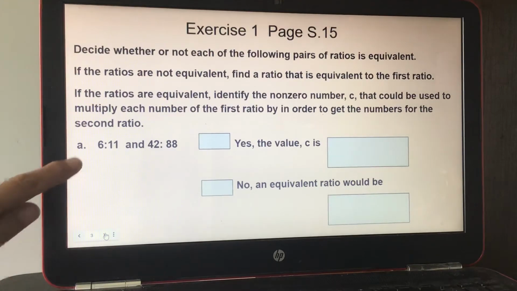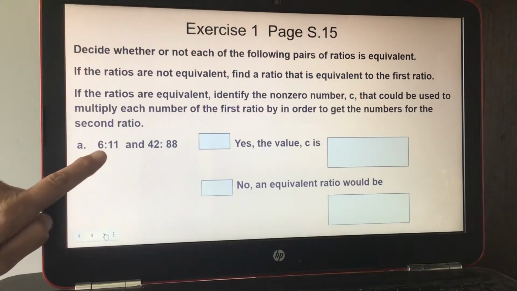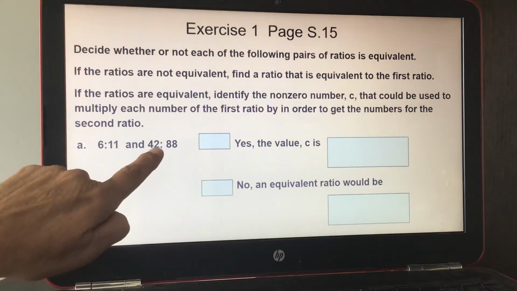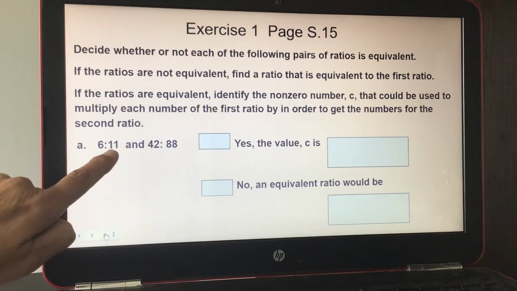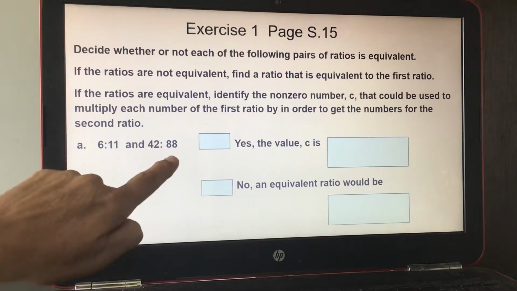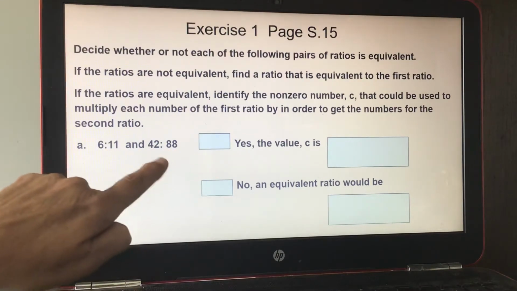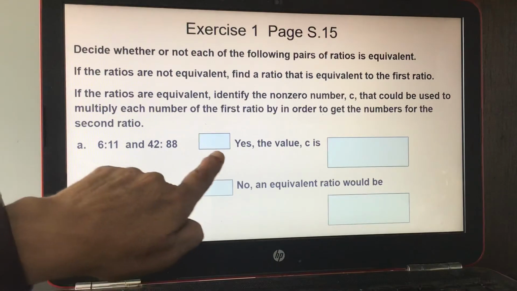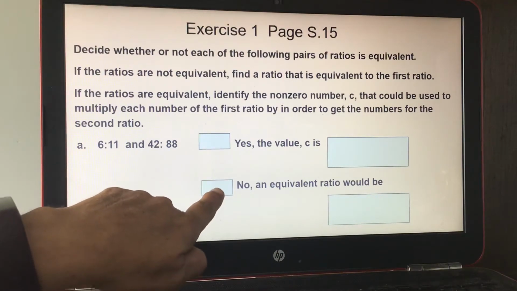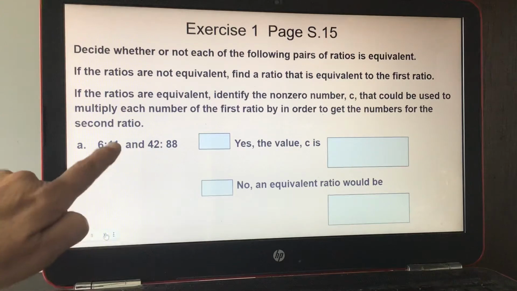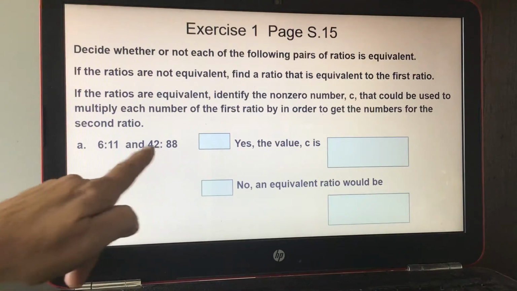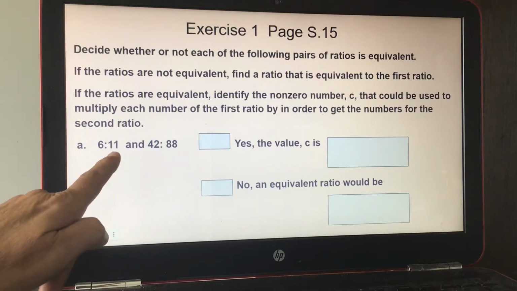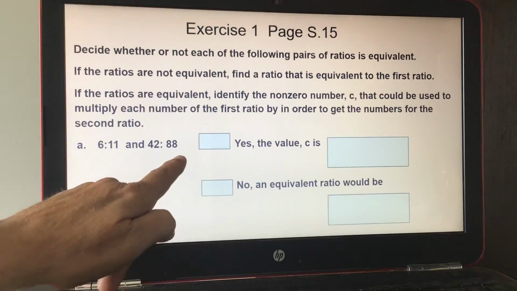Okay, so 6 times 7 will give me 42, but 7 times 11 will give me 77. So we say no. An equivalent ratio would be, like I said, 7 times 6 is 42, and then 7 times 11 would be 77.